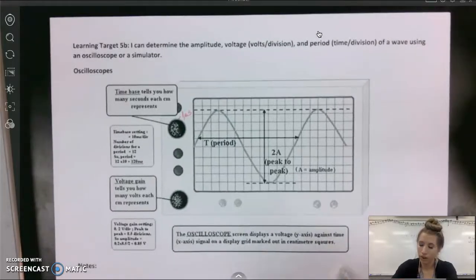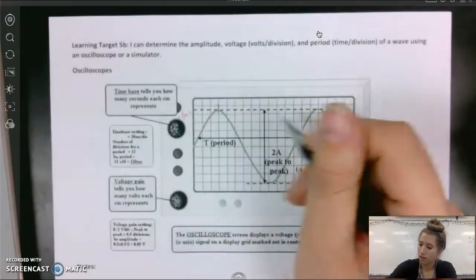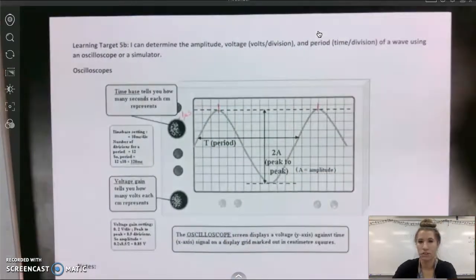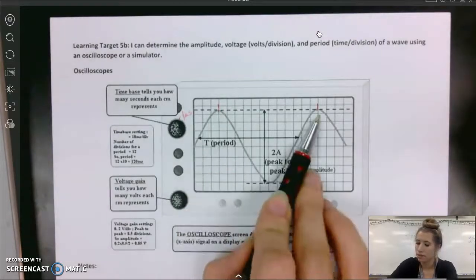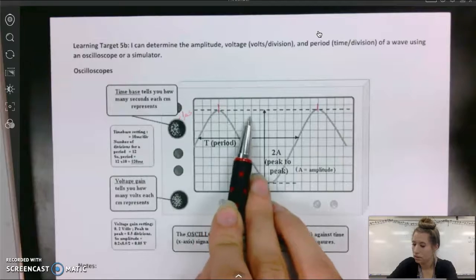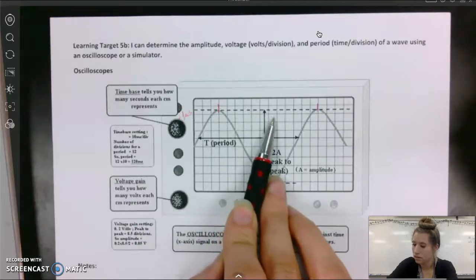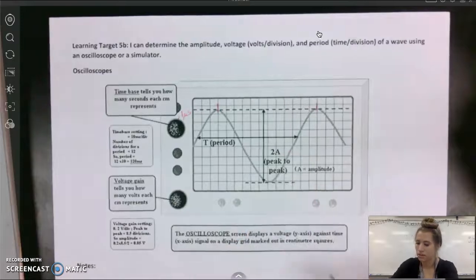And when that's the case, and we want to know the period, that's the time between waves. So let's find a complete wavelength. From peak to peak or trough to trough is usually the easiest to identify. So I'm going to go from peak to peak and count that out. I'm moving 1, 2, 3, 4, 5, 6, 7, 8, 9, 10, 11, 12 divisions, okay?